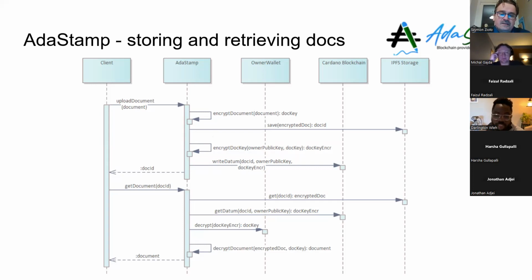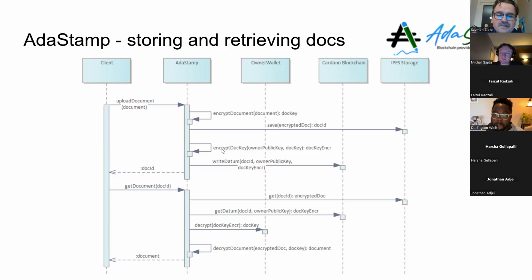And the key to decrypt the document will be encrypted with the public key of the owner of the document. Thanks to this, only the owner of the document will be able to decrypt the key for the document, and then of course decrypt the document.